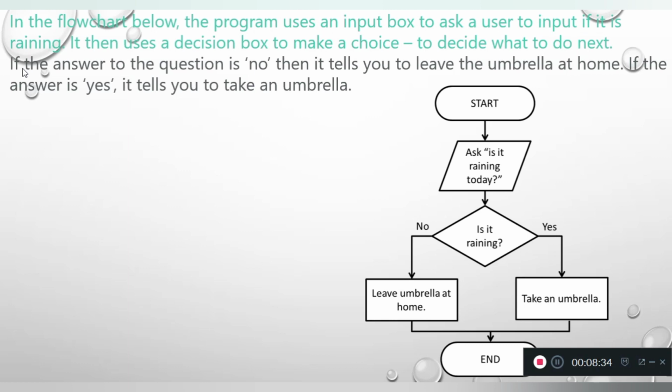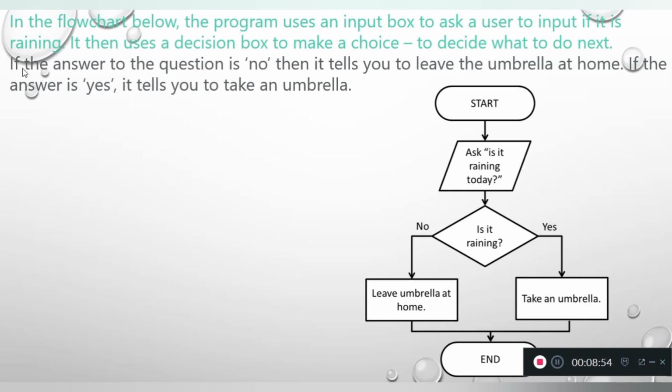If the answer to the question is no, then it tells you to leave the umbrella at home. If the answer is yes, it tells you to take an umbrella.